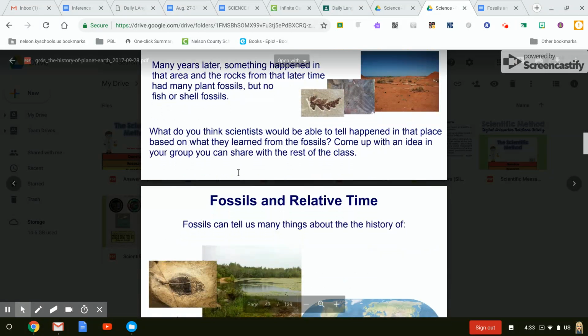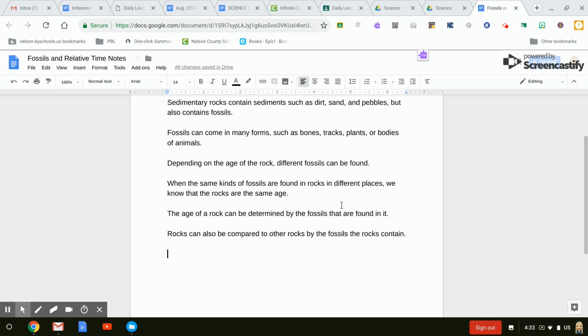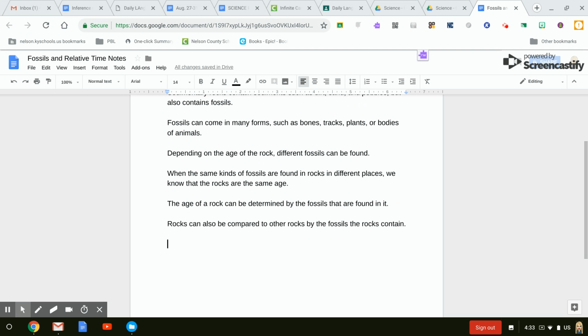So this question asks us, what do you think scientists would be able to tell happened in that place based on what they learned from the fossils? Here in your notebook, I want you to ask yourself that question. So write this down with me.